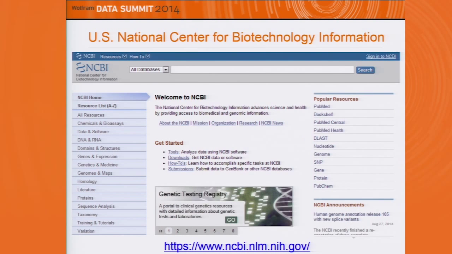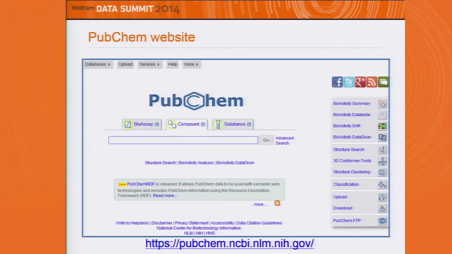So I work at the U.S. National Center for Biotechnology Information, NCBI, which houses things like PubMed, which has like about 1.5 to 2 million users a day. They serve terabytes of data. They have genes and DNA sequences, proteins, but they also have a resource that I work at called PubChem. So whenever there are genomes and whatnot published, they go into NCBI, and we annotate and cross-annotate the same information.